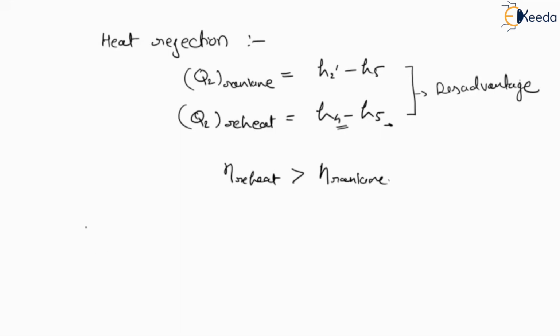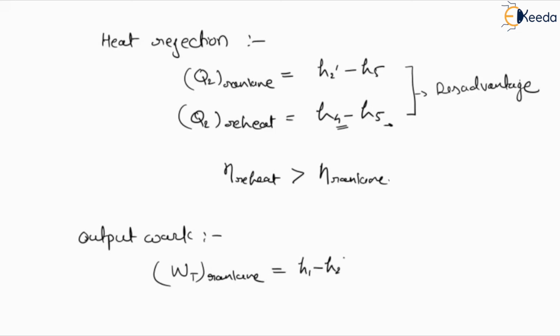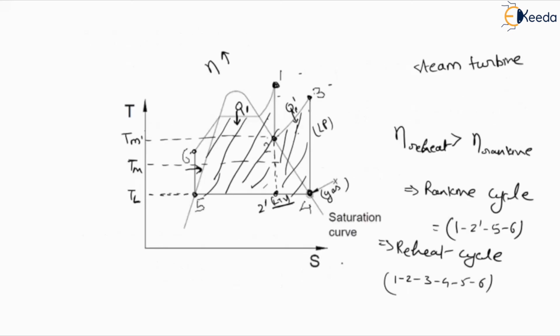Now let's discuss the work output. Work output we usually define as turbine work. So turbine work for Rankine cycle we will define as H1 minus H2 dash. From the cycle you can see H1 minus H2 dash is the turbine work. But here in reheat cycle it will be H1 minus H2 plus H3 minus H4.